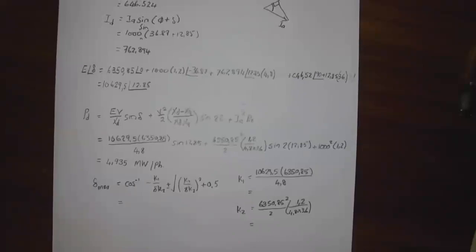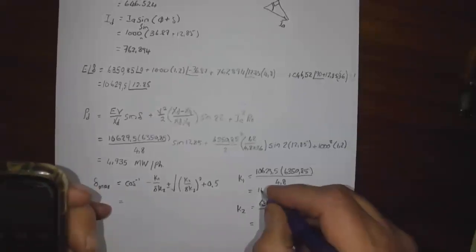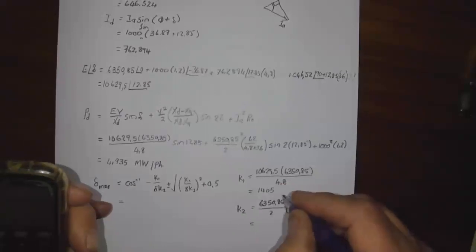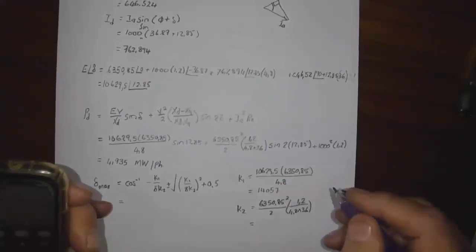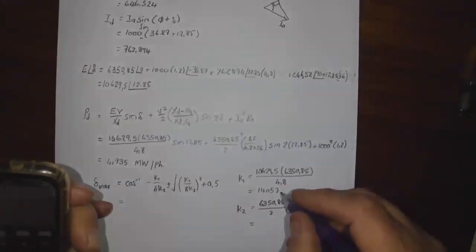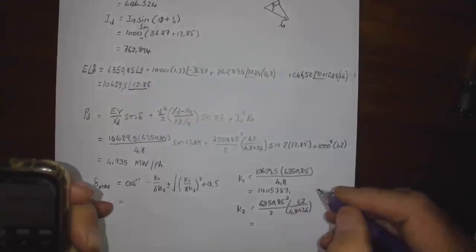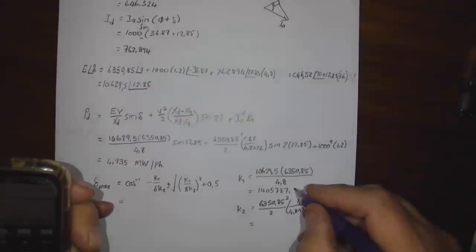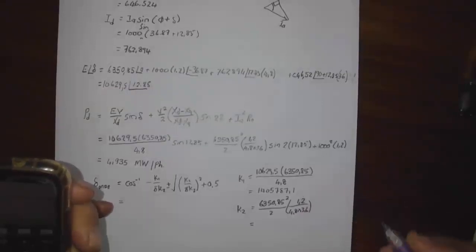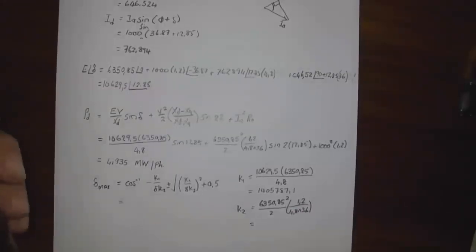Your K1, it's 14,057.87. Are you sure? Yes, do it in the calculator.